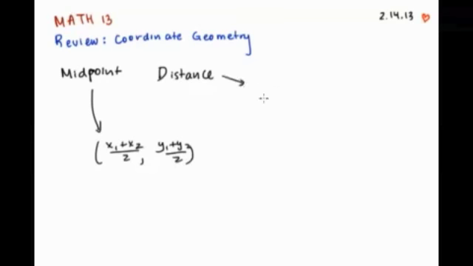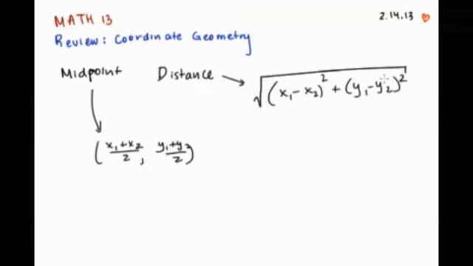The distance formula is the large square root of x1 minus x2 squared plus y1 minus y2 squared, and this is derived from the Pythagorean theorem. The midpoint is just the average of the coordinates.